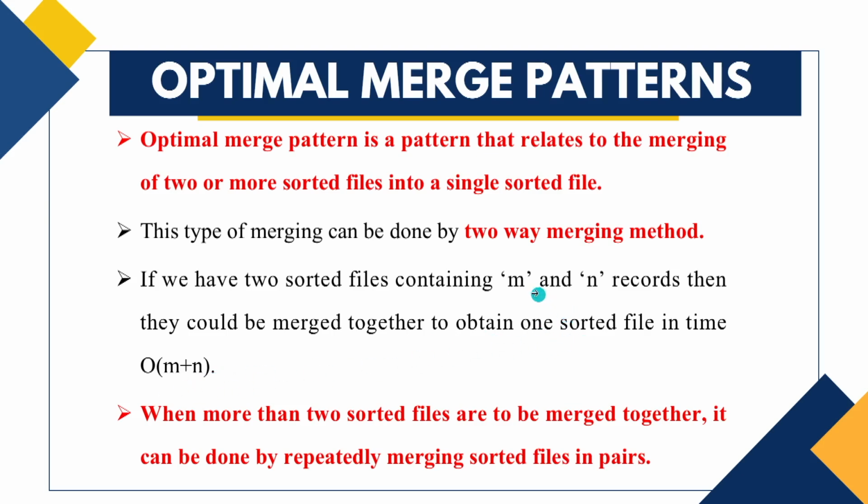The first file contains m records and the second one has n, so the resultant file will have order of m plus n. When more than 2 files are to be merged together, we repeat the merging process in pairs till all the files get merged into a single file.